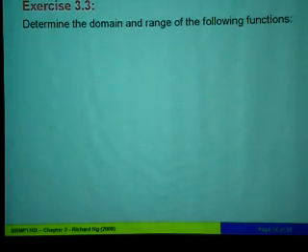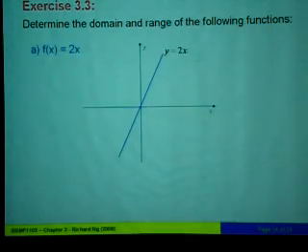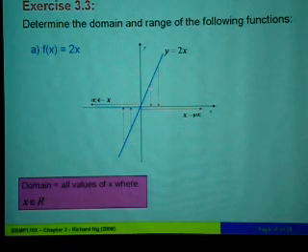For exercise 3.3, determine the domain and range of the following functions. Here I'm going to show you again how to find domain and range. For the function y equals 2x, similarly you have to sketch a straight line y equals 2x, and then take a point from the line and drop it onto the x-axis. We can continue doing this until infinity, because this line will continue until infinity on the positive side.